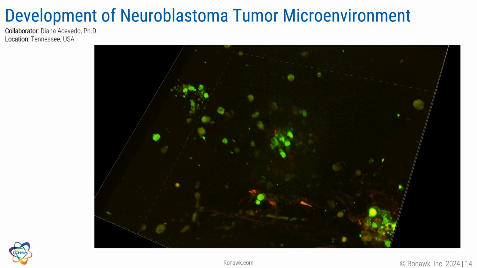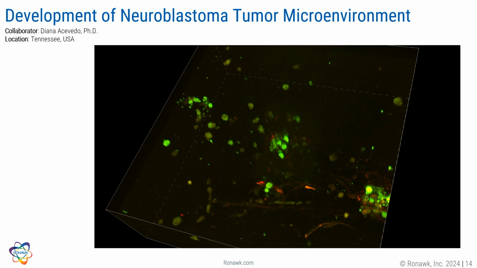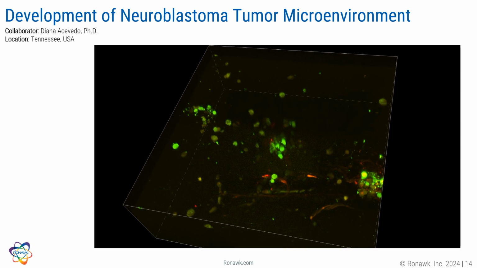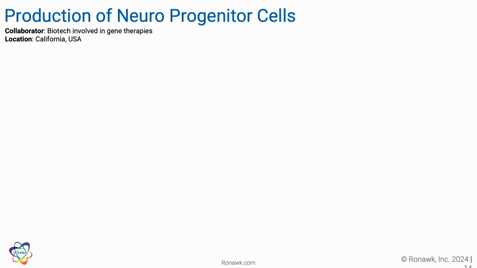If tumor microenvironment is not your thing, but you have progenitor neuronal cells, here we have also worked with collaborators that do this. Their goal was, as a proof of concept, to know if their cells will grow in our matrix.